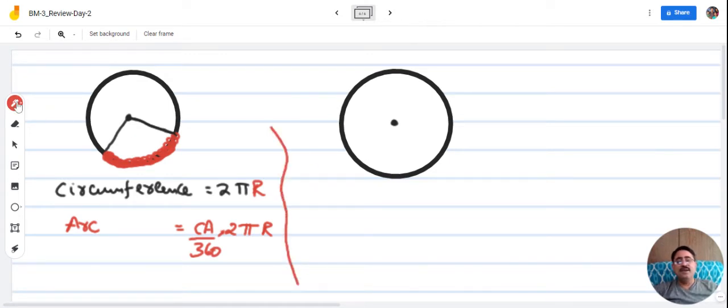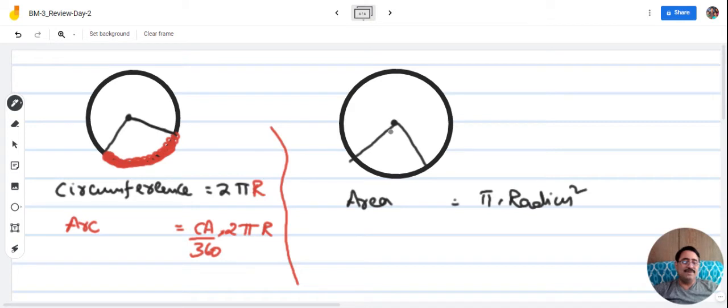In the same way, the area of a circle is pi times radius squared. But if I am taking a part of the area of a circle, which resembles a pizza slice, that is called a sector.